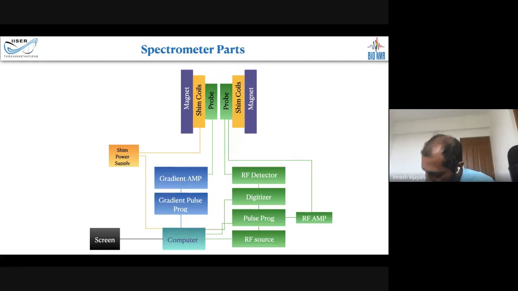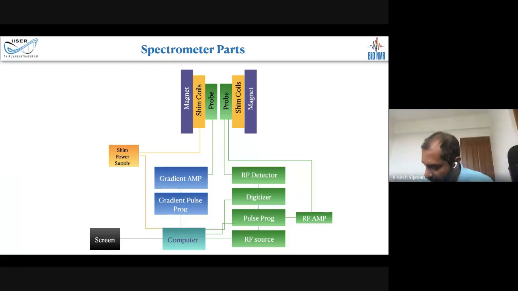The computer where you are sitting controls everything. All this part, the gradient, the RF part, everything, is what we call the spectrometer. This part is the probe, that small cylindrical thing that goes in from the bottom.